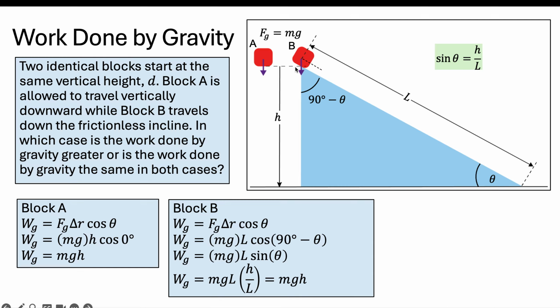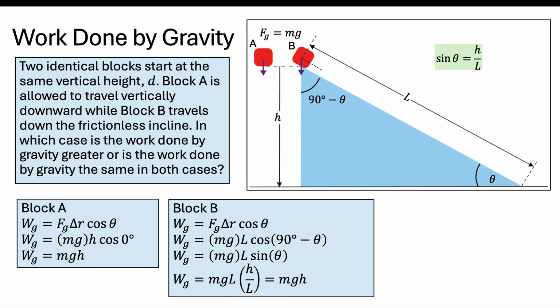And so if we think about the fact that there is a component of the force of gravity that's acting down the incline and a piece that's perpendicular, only that component that is acting down the incline is actually helping it move down the incline. But in general, it doesn't even matter because the work done by gravity is path independent.